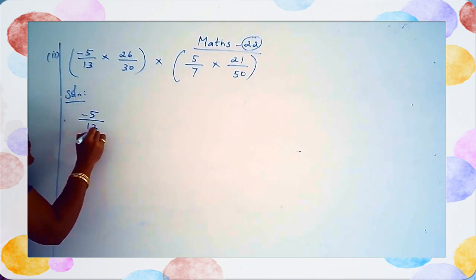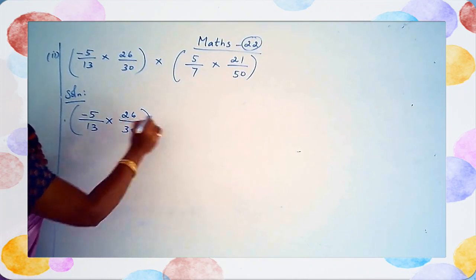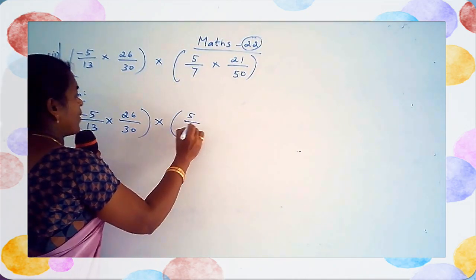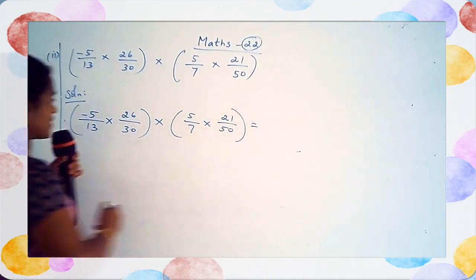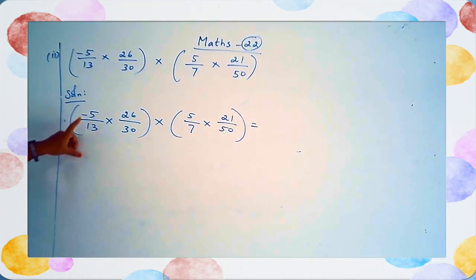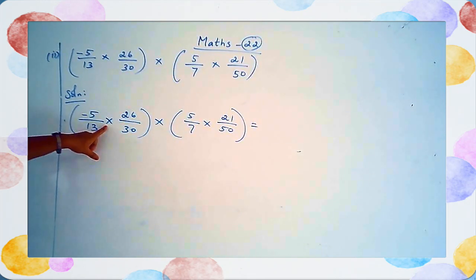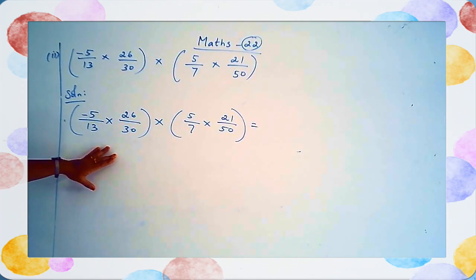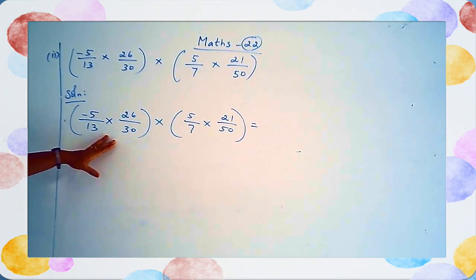Minus 5 upon 13 into 26 upon 30 multiply 5 upon 7 into 21 upon 50. So first of all, we have to find the value of minus 5 upon 13 into 26 upon 30. This is under multiplication. We have to find the value under multiplication.